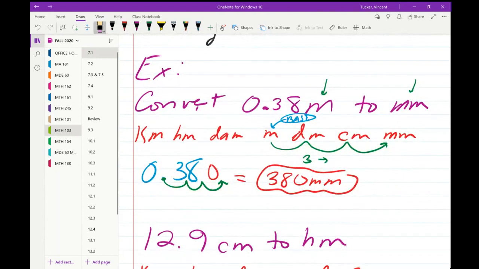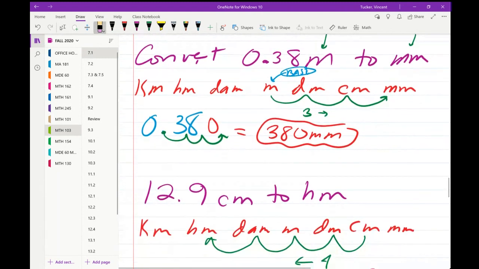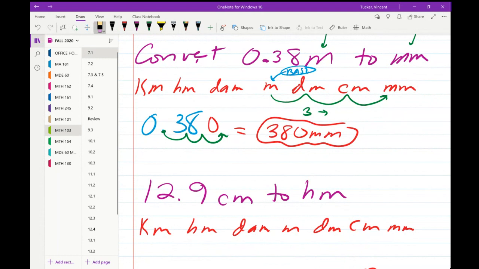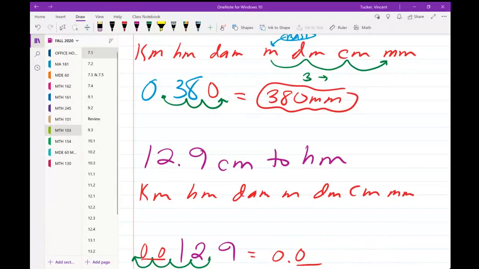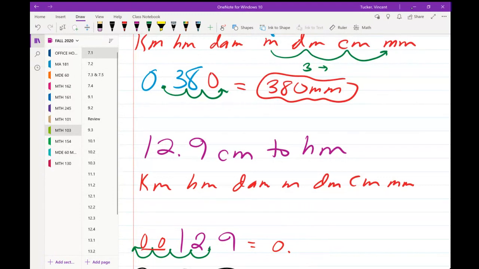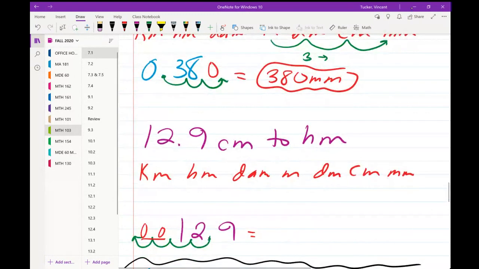All right. Let's do another one. We're looking at 12.9 centimeters to hectometers.